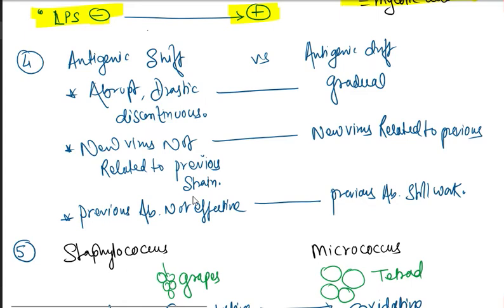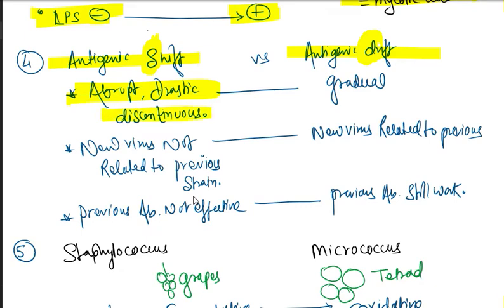What is the difference between antigenic shift and antigenic drift? So we see here S is farther away in the alphabet than D. So there is too much separation in S, shift. This is an abrupt and drastic discontinuation.